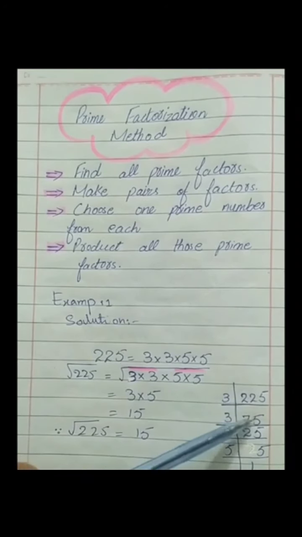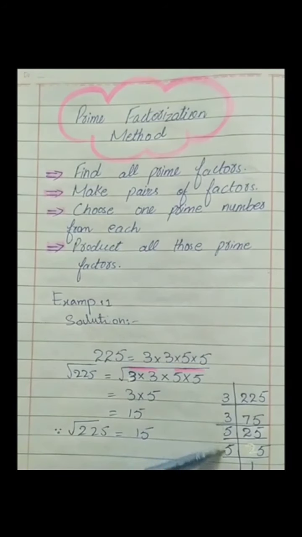Now the sum of 7 and 5 is 12, which is also divisible by 3, and 75 is divisible by 3. 3 twos are 6, 1 carry, 3 fives are 15, and then 25, which is divisible by 5. 5 fives are 25, and then 5 ones are 5.